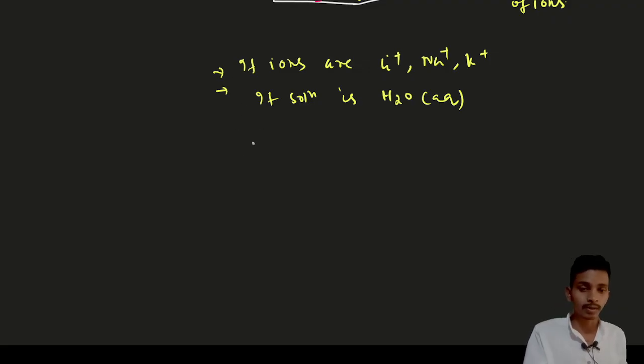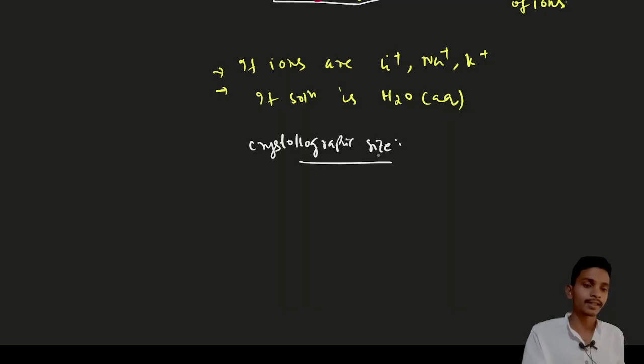First, for the crystallographic size, lithium is smaller, Na is larger than Li, then K plus.